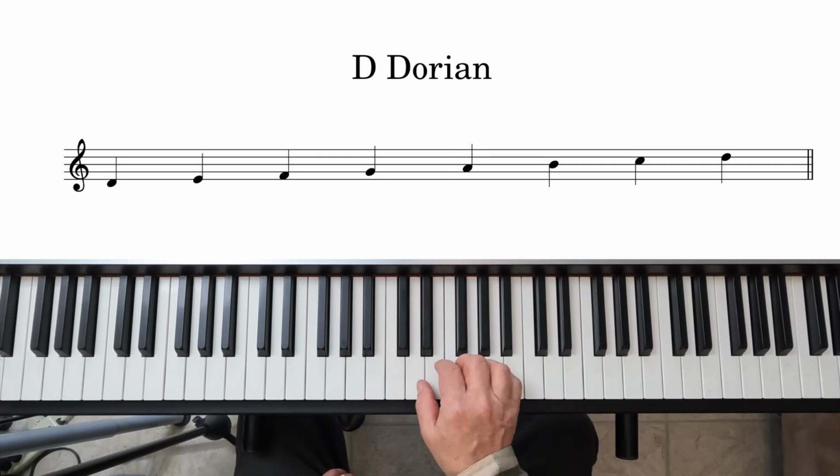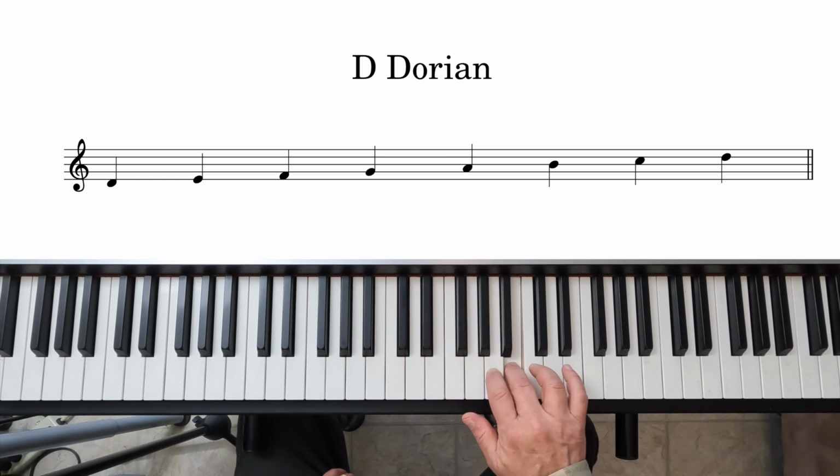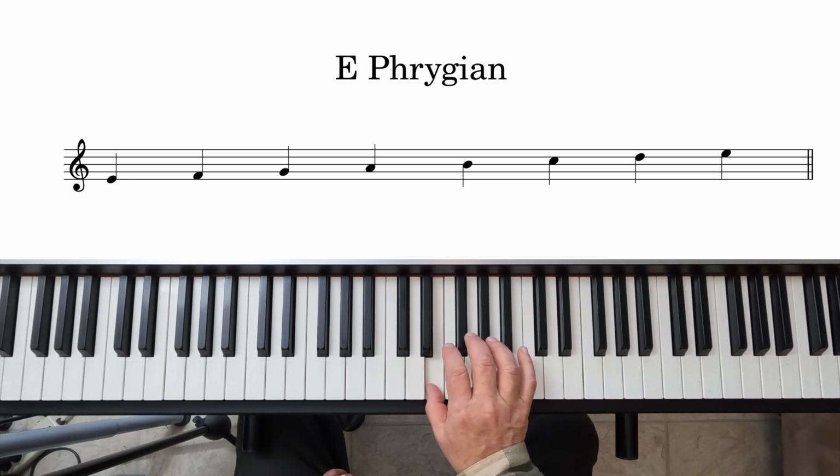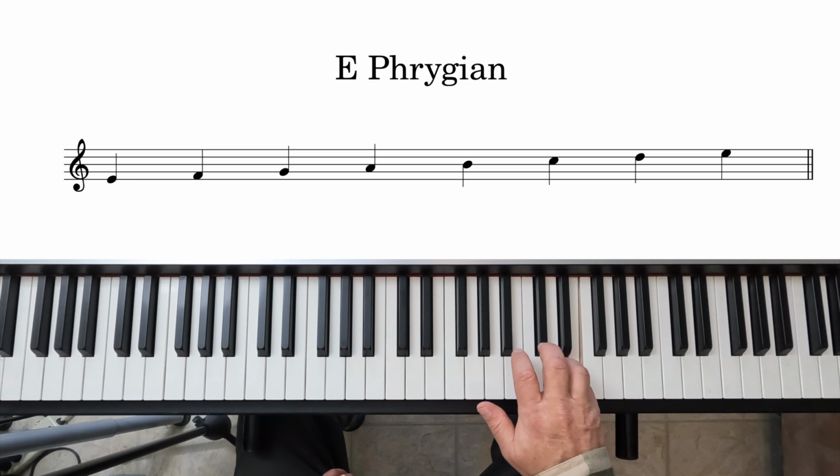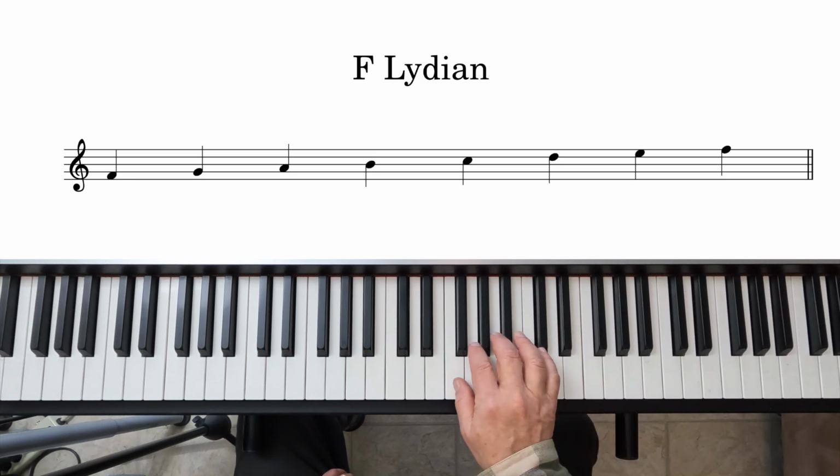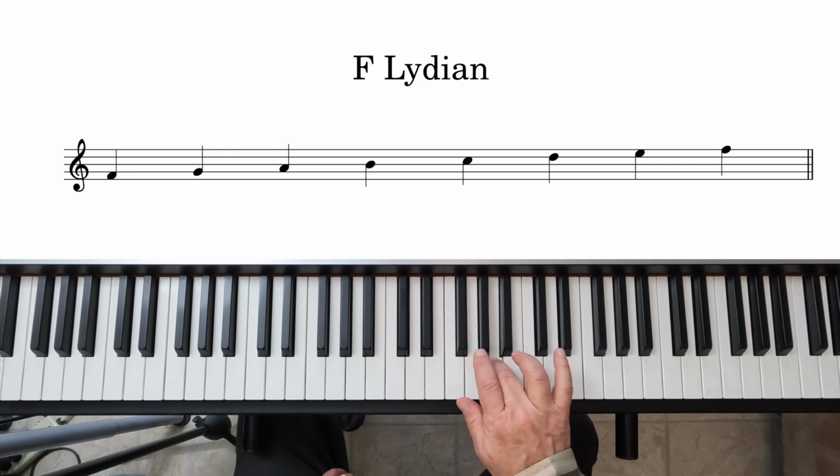Then if we start on D and play from D to D, that's the Dorian mode. Starting on E and playing to E is the Phrygian mode. Going from F to F, still using the notes of the C major scale, that is the Lydian mode.